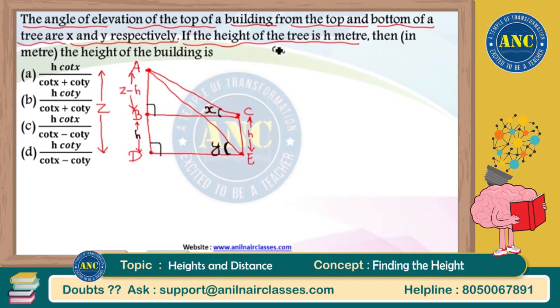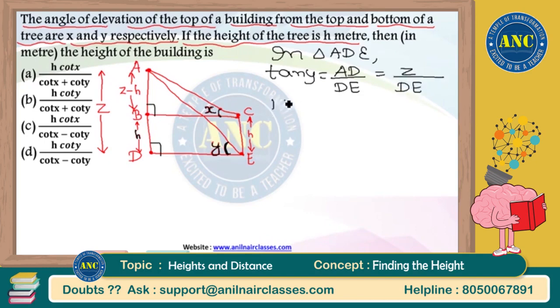Take one by one. In triangle ADE, the bigger triangle, tangent of angle Y is opposite over adjacent, opposite is AD, adjacent is DE. I don't know the DE value. AD is assumed as Z by me itself. DE I don't know.